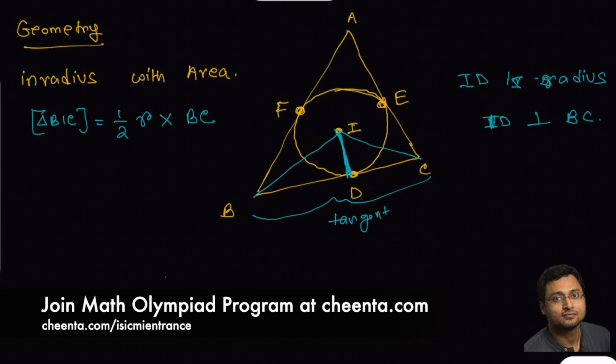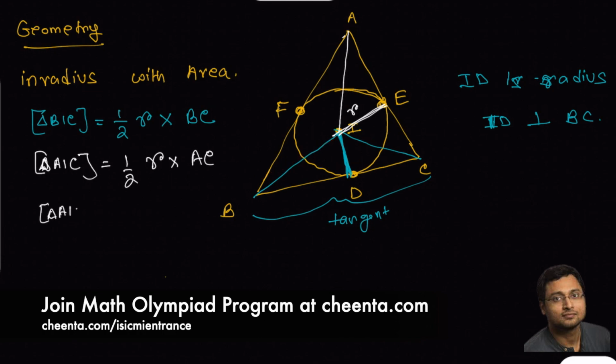The same thing you can do for triangle AIC. So triangle AIC is equal to half IE, which is the inradius, times AC, half r times AC. And finally triangle AIB is equal to half times the inradius, which is r, times AB.